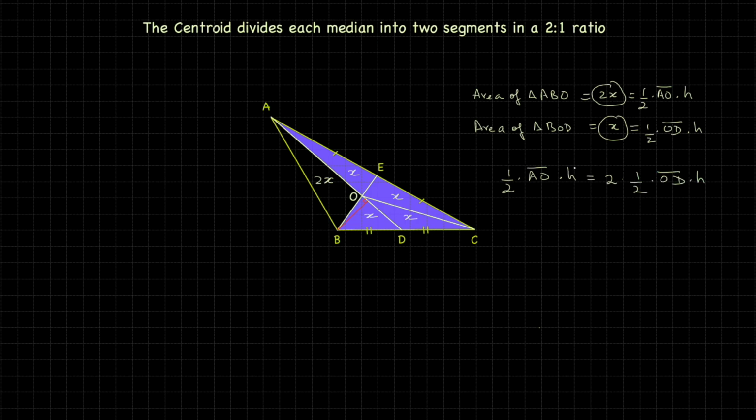And then cancelling out the common terms on both sides, we get the length of AO is twice the length of OD, which is what we wanted to prove. To summarize briefly, since the two triangles share the same height and we know that their areas are in the ratio 2 to 1, it's obvious that the base lengths also have to be in the ratio 2 to 1.